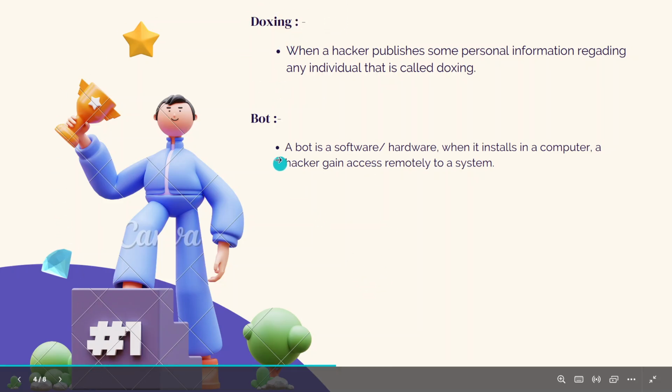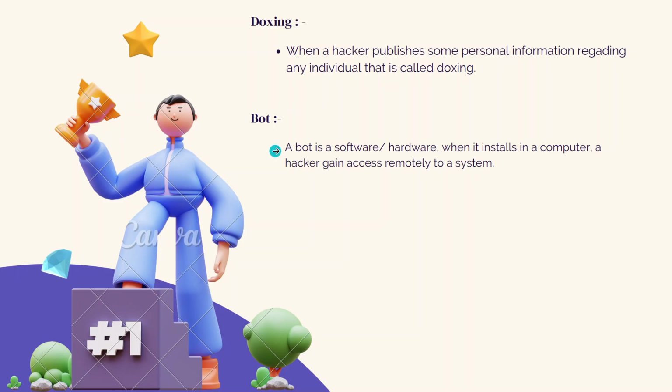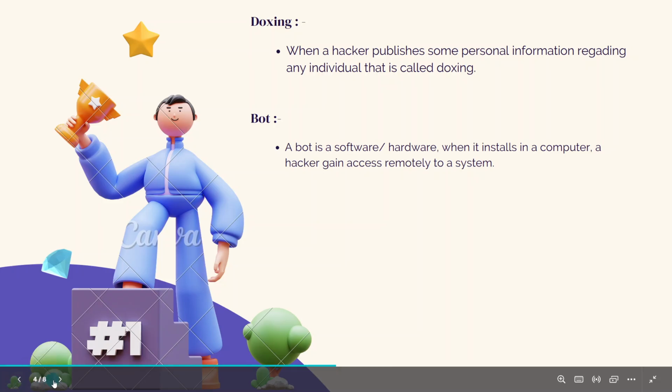Another is doxing: when a hacker publishes some personal information regarding an individual. Bot: a bot is software or hardware that, when installed in a computer, lets a hacker gain access remotely to the system, or through the bot, we can control other systems remotely.